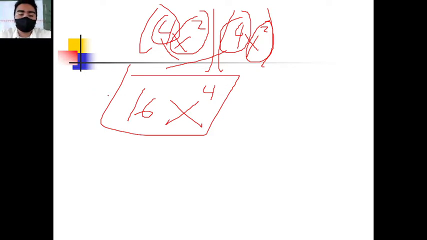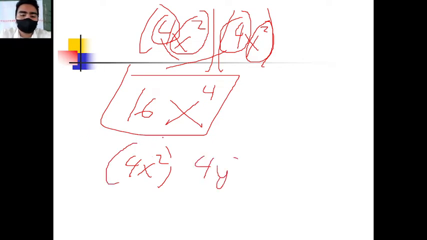But what if you have 4x squared multiplied with 4y squared? What do you think would be the final answer? Even though they have different variables, we still multiply.